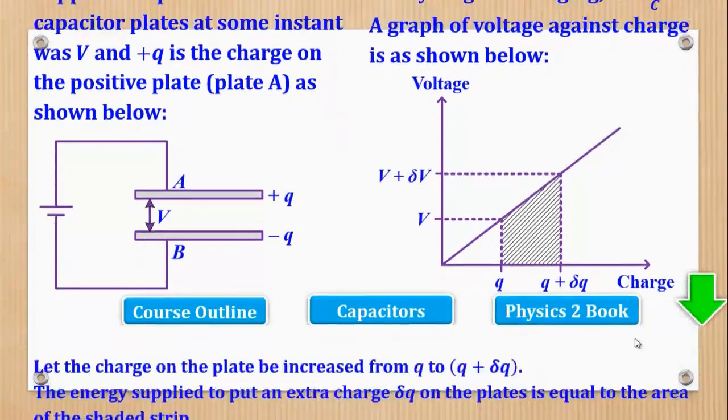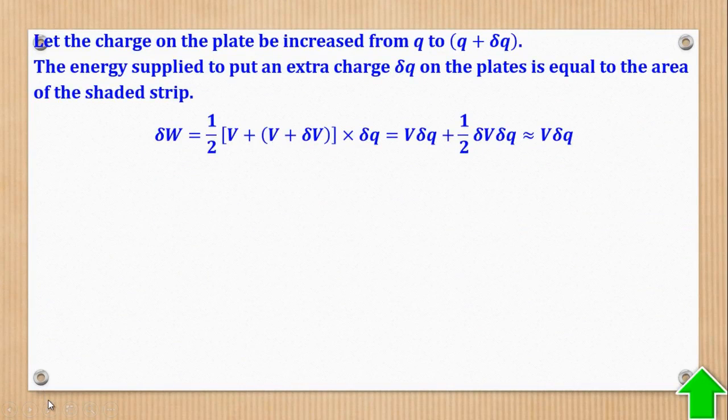So when you know that, we shall come here and get the area of a trapezium. So in this case, this will be the half, then this is A, this is B, and this is H. So what we are going to do, we are going to expand. When we expand, remember this and this is 2V plus small change in V. But remember, there is also a half outside.